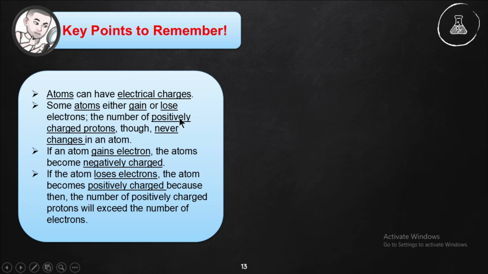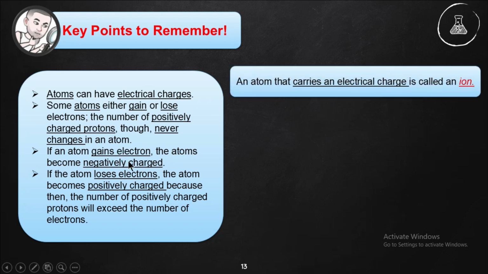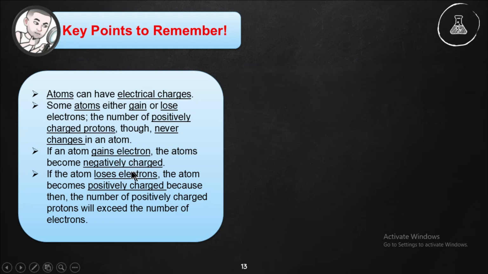Yung number ng positively charged protons ay hindi yun mababago sa atom ng element na yun. Please do remember that. Ngayon, kapag ang atom nag-gain or nadagdagan siya ng electron, yung atoms niya ay magiging negatively charged. Kapag yung atom naman ay nag-lose or nawalan siya ng electrons, yung atom na yun ay magiging positively charged.